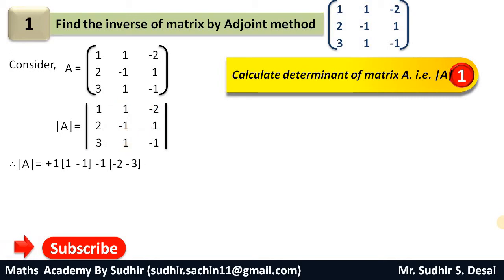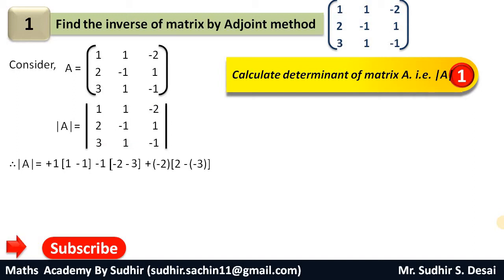Now sign for the last determinant is plus and third element is -2. Now this -2 is in first row third column, delete it, and whatever the remaining elements, take its cross multiplication with middle sign minus. So 2 into 1, 2, middle sign minus, -1 into 3, -3.